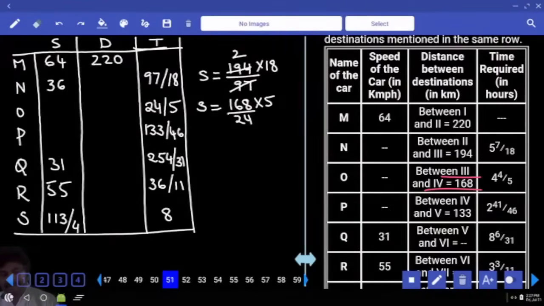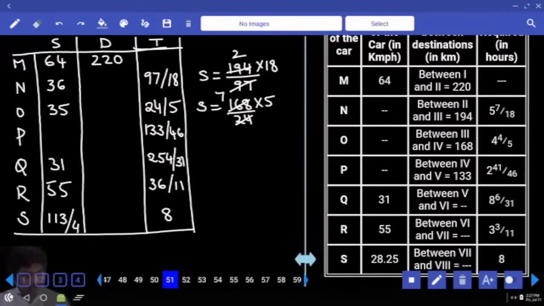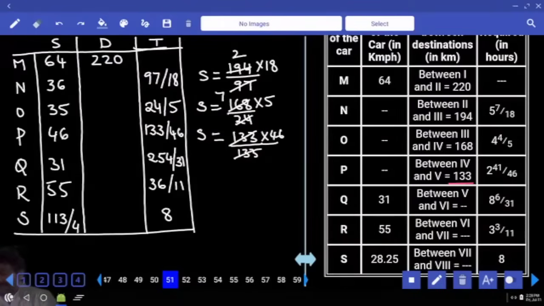Yes? 7 times. 7 into 5, 35. 4 to 5 distance, 133. Speed here is 133 kilometers covered in 133 by 46. 133 gets cancelled, 46 here. You got it?